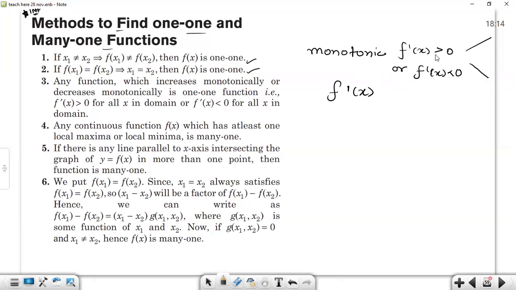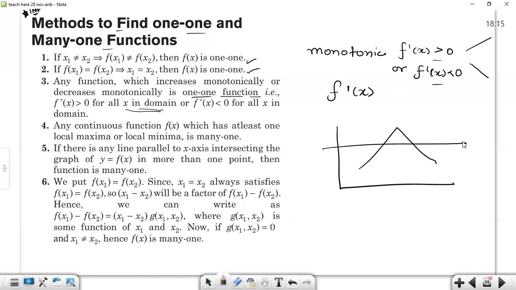If any one of these cases holds, then the function is one-one. But if the function is first monotonically increasing then decreasing, then it will be a many-one function. Why? For two different values of x, the output is the same. That's why this function is many-one.